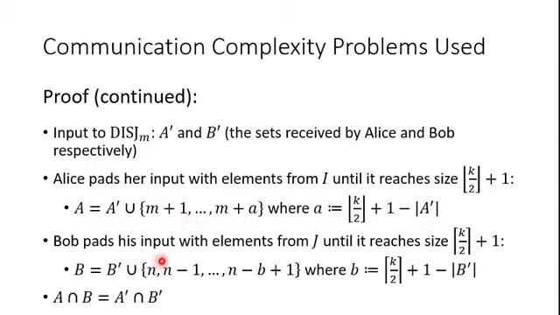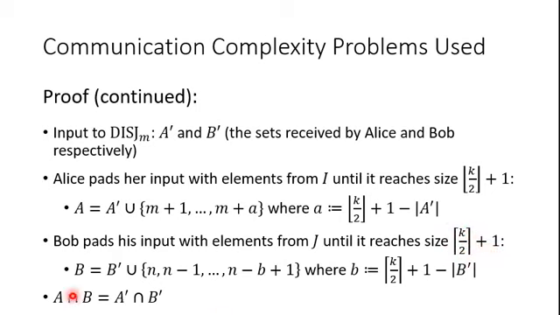Bob does the same thing, but from J. He takes elements from the end, all the way until n minus b plus 1, where b is the size that remains after he subtracts the size of B prime, which is what he received. He also ends up with the desired size, k over 2 upper bound plus 1.